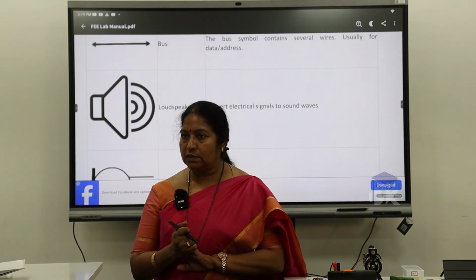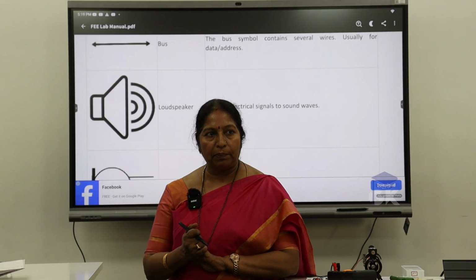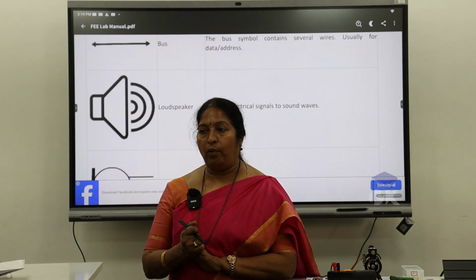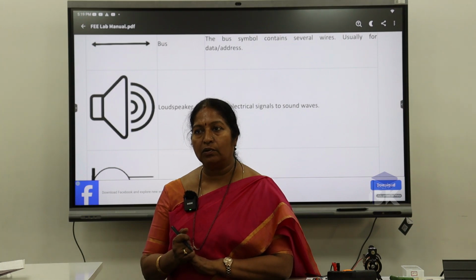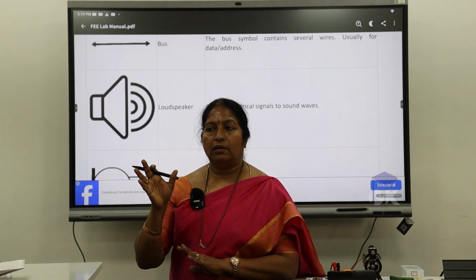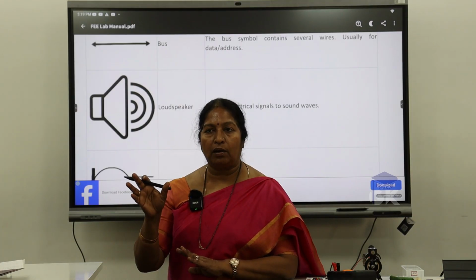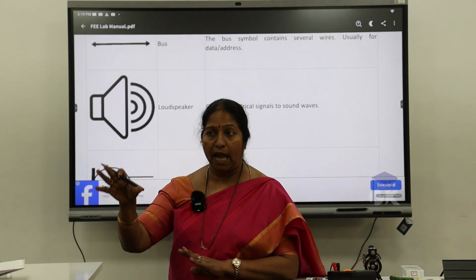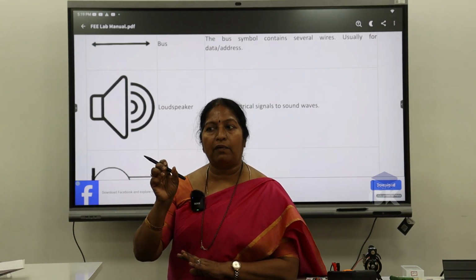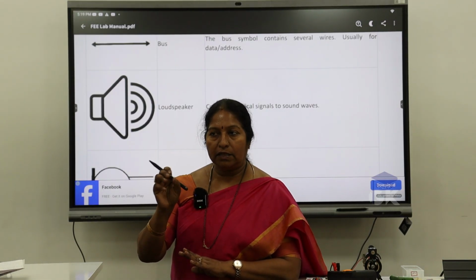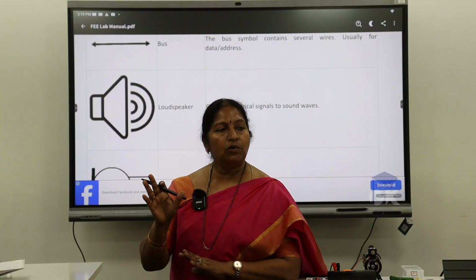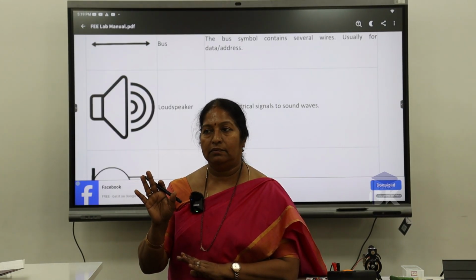We have a resistance. We know what is the voltage applied, what is the current flowing. If the current is more because of short circuit or whatever it may be, the wattage or the power dissipation across the resistor will become very high. Since it can bear only a particular wattage rating, more heat is generated. What happens to the wire? It will burn. That's how you say it is fused out.